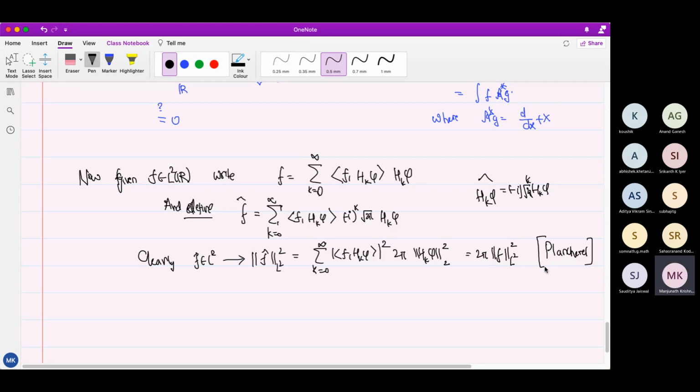So this is an alternate approach to L2 theory, but of course I have left out one thing. You should be careful that if f is in L1 intersection L2, we have two definitions. Are they the same or not?